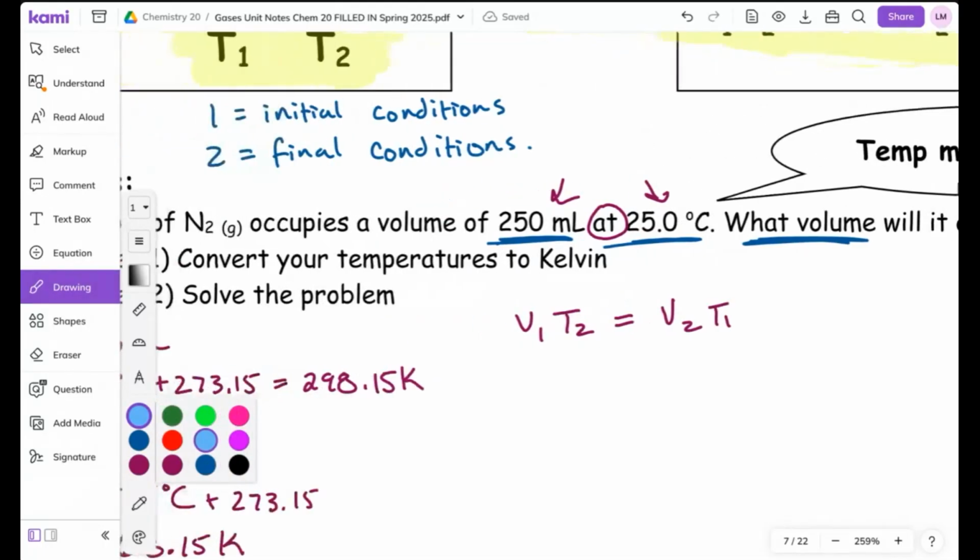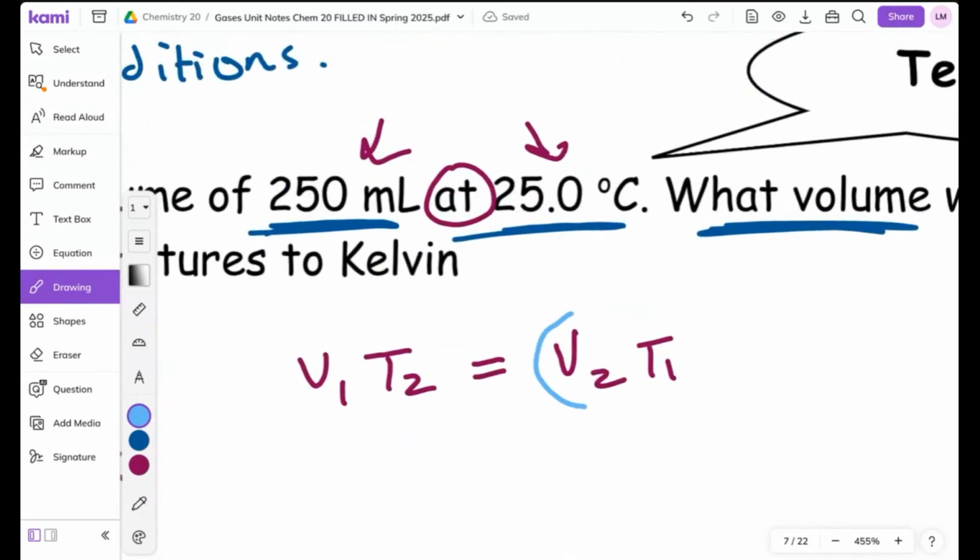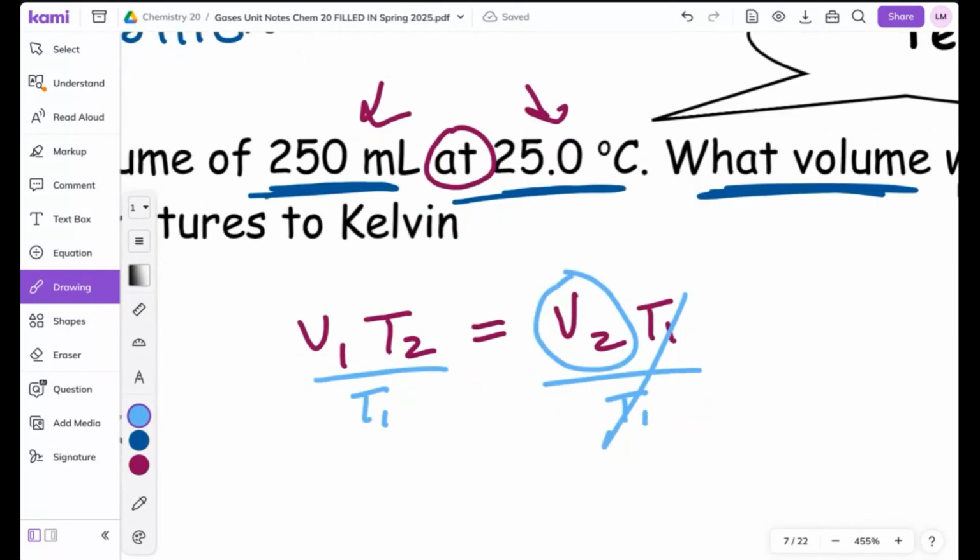Now, for our question here, we have no clue what V2 is, so we need to isolate for that. Mathematically, what's happening between V2 and T1 is multiplication, so the opposite of that is division. So we're going to divide by T1 because we want to get V2 by itself.